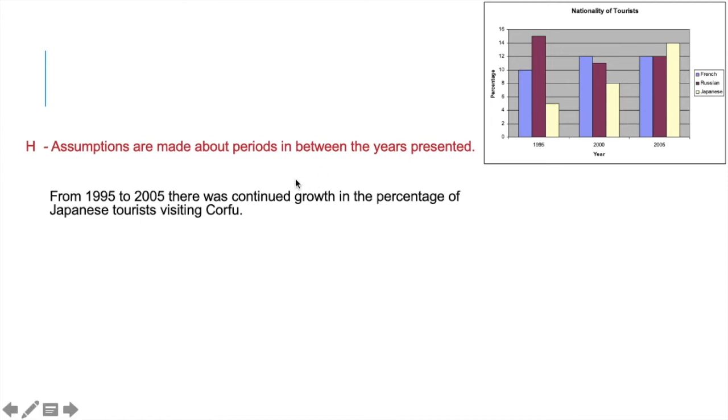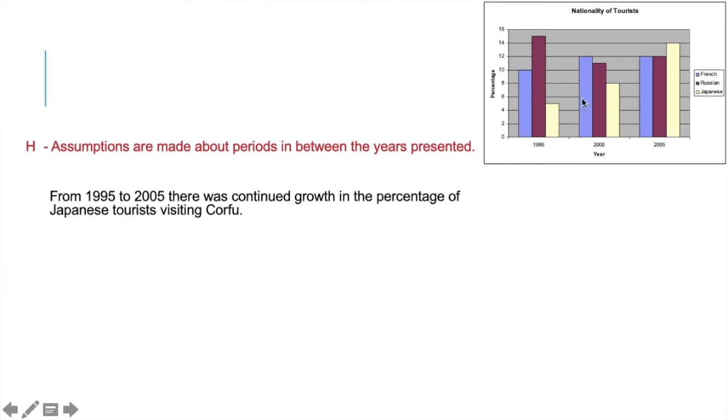Okay, so sometimes students write from 1995 to 2005. Okay, it's not a line graph, it's a bar chart giving values in 3 particular years. And they might say there was continued growth in the percentage of Japanese tourists visiting Corfu.